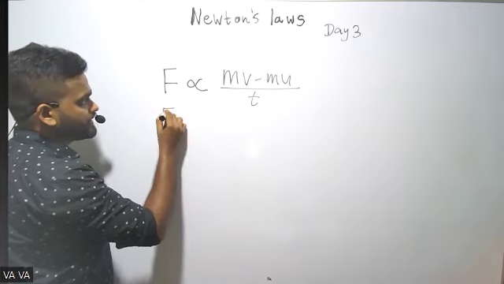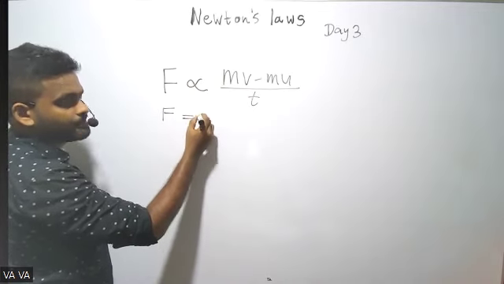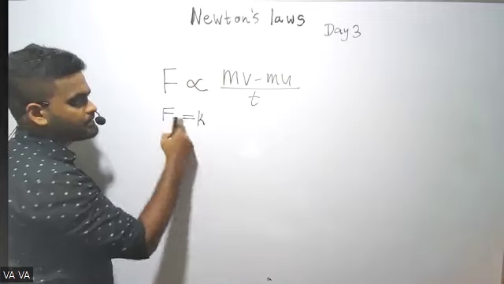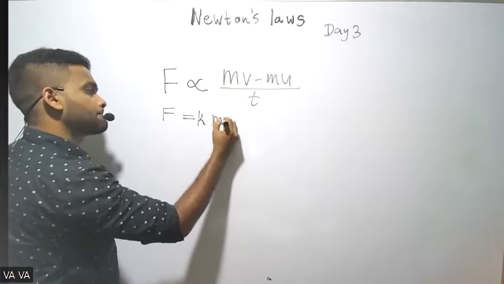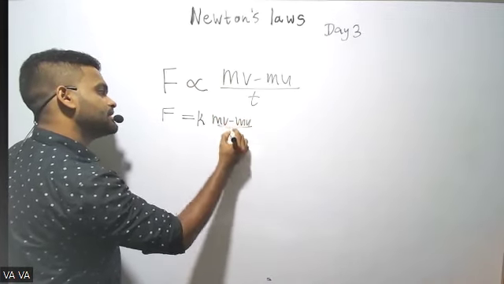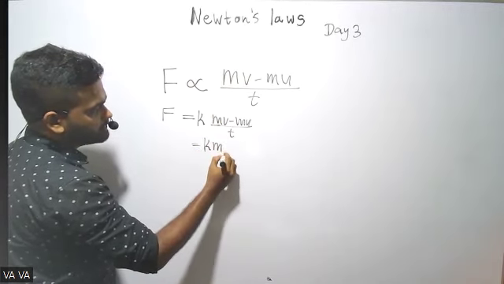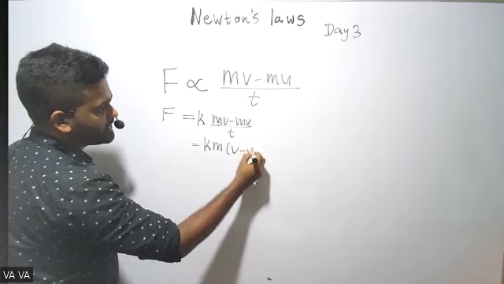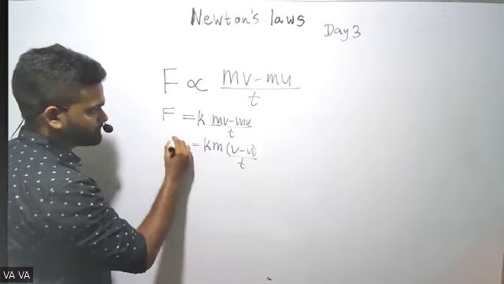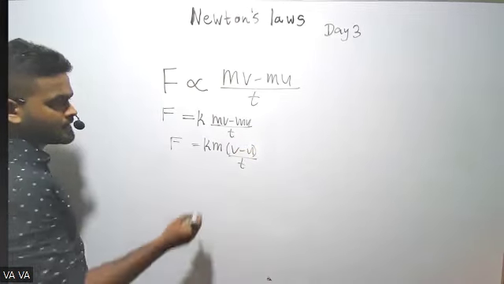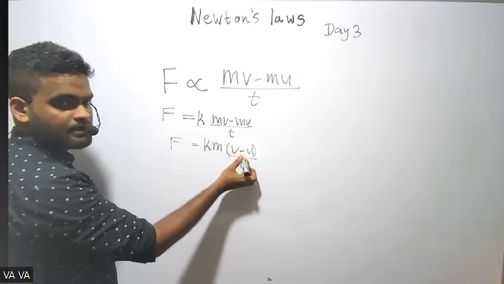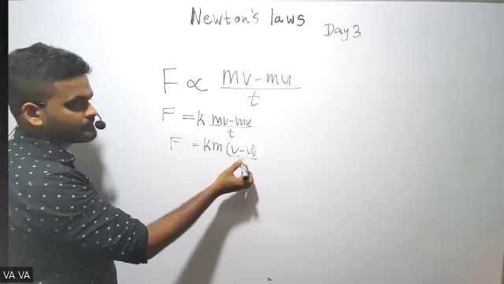Then we can say F is, you can put a constant there and make it an equation. mv minus mu divided by t. Then take m out. We get m times v minus u divided by t. What is this? v minus u divided by t.